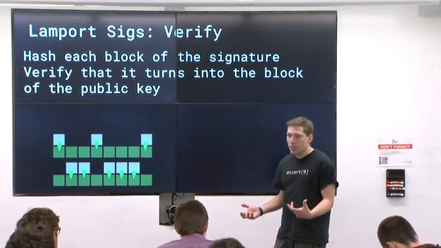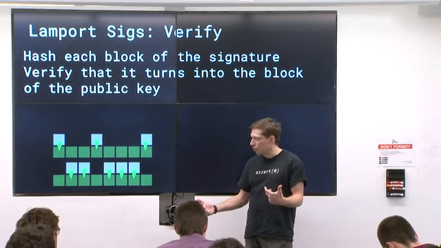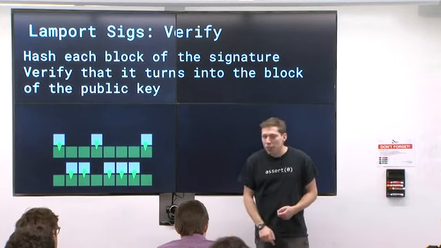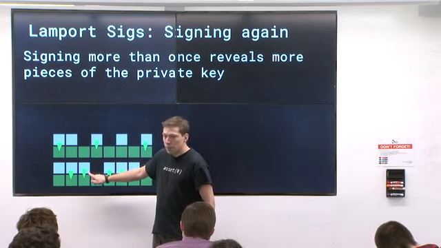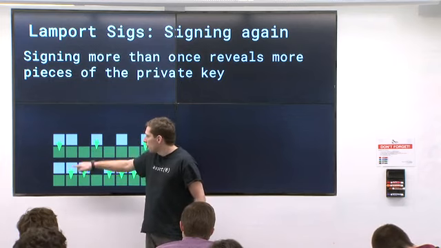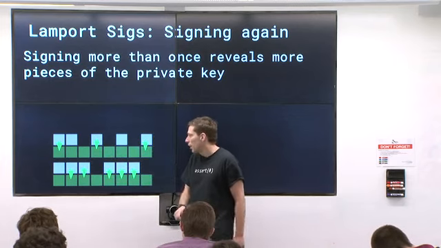Once you generate a key pair, your private key, your public key, and you tell everyone these green squares, if you try to sign again, you will reveal more pieces of your private key, right? So if I sign two different messages, sometimes it's the same bit, sometimes it's different bits, and now I start revealing more pieces of my private key.